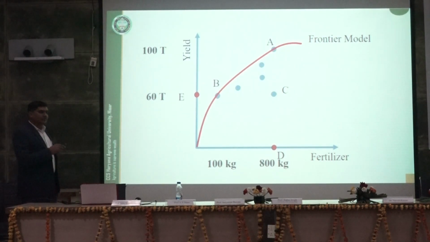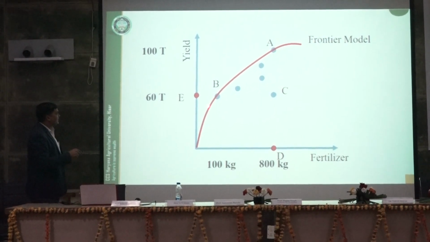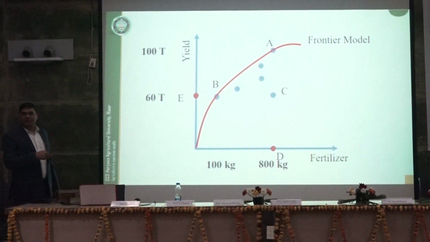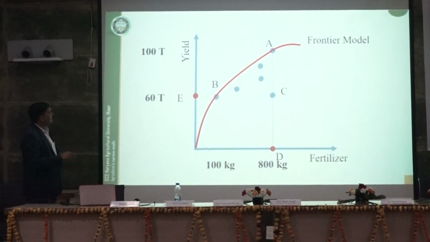The frontier model gives the maximum output based on inputs, and linear regression gives the estimated, average value based on all the observations. So this is the frontier model, which gives the maximum output based on these doses of fertilizers. These are the main points which we will discuss.